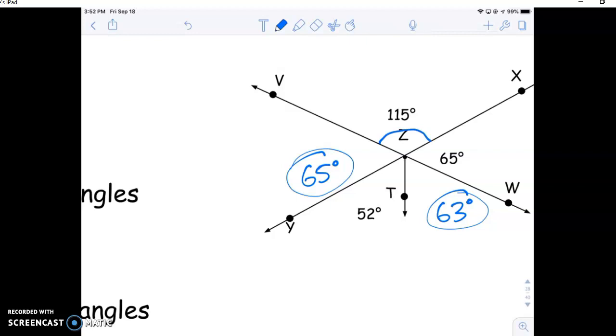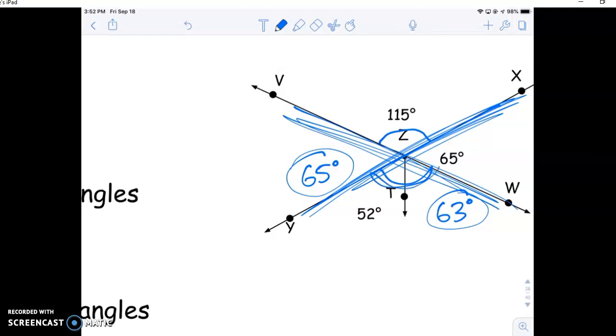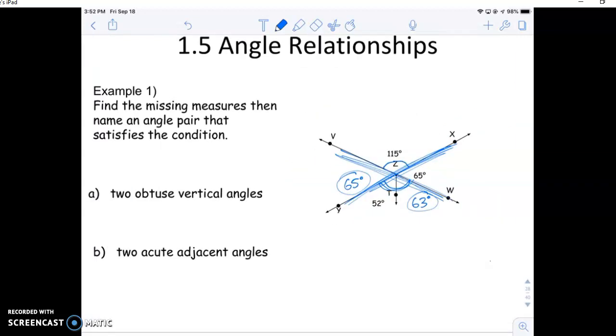So we have to find an angle that's vertical to that. If you look, there's a line here and a line here, and that forms this angle right there. So that would be an example of a vertical angle. So we could go the angle YZW. Alright, that's the vertical angle to that 115 degree angle right there.